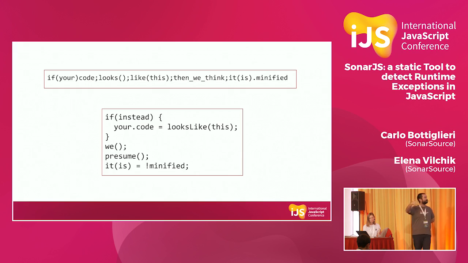Okay? And if instead your code looks more like a square or a vertical rectangle, then it's probably non-minified code, and then we need to analyze it. Just to say how crazy it is to have a good user experience in an analyzer in an environment where your code is both the source code and also the final, let's say, compiled code with dozens of different tools doing different things.